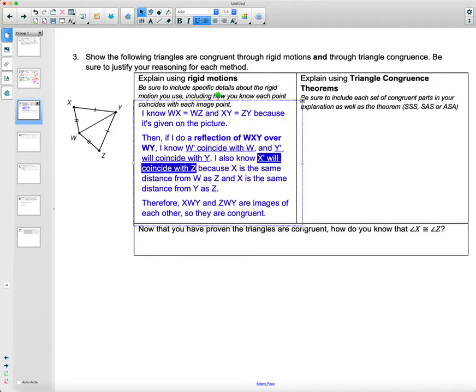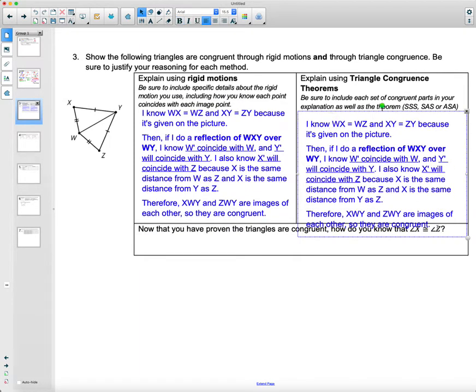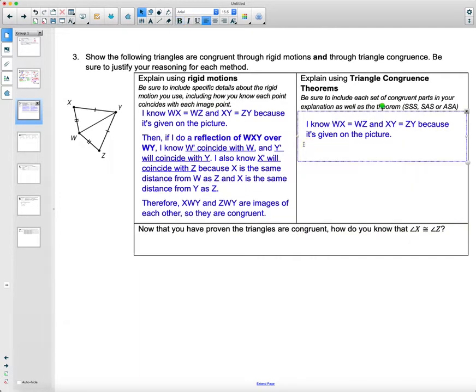Then if you're doing triangle congruence, a kind of similar start. You start with saying what stuff you know is congruent. So we knew these pieces were congruent because it was given on the picture. Then the last piece that you know is that WY is equal to WY because it's the same segment, this middle piece here.